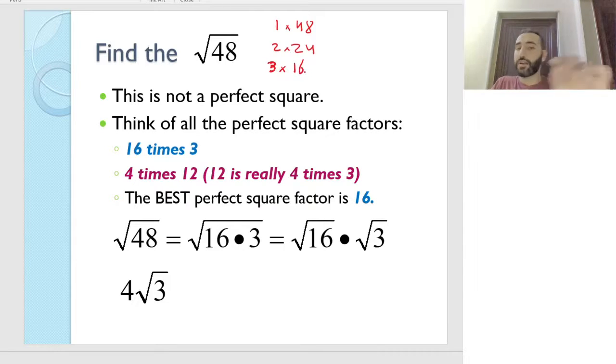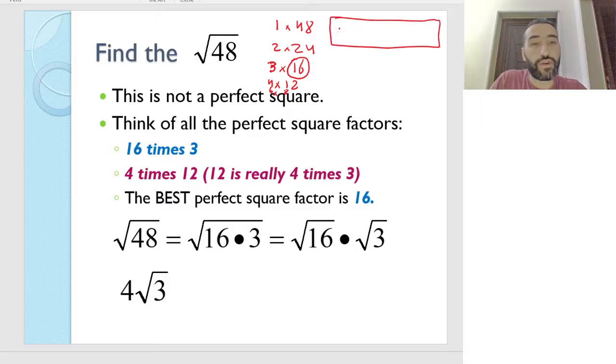You can do this on the calculator simply: 48 divided by 16 gives 3, so 3 times 16 gives 48. So I have 16, and 16 is a perfect square. You can also do 4 times 12, then 5, 6, continue, 6 times 8 is 48.